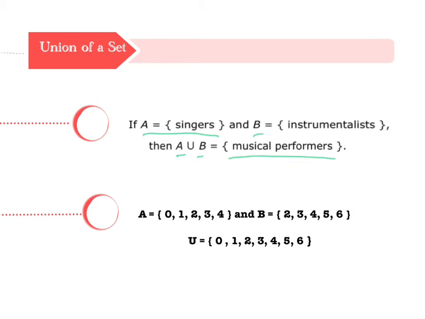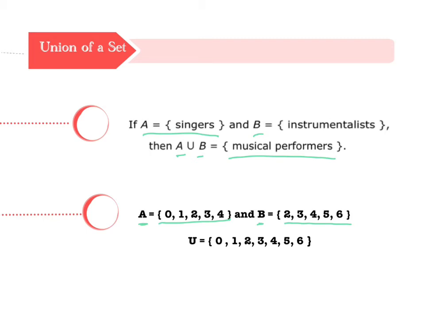Okay, let's proceed to the next example para mas madali natin ma-identify kung ano ba yung union of a set. Okay, so we have here set A and set B. So set A have the elements 0, 1, 2, 3, and 4, and set B have the elements 2, 3, 4, 5, and 6. So yung union, from the word union, iisahin natin ang dalawang set.